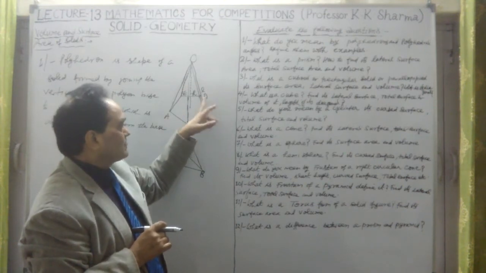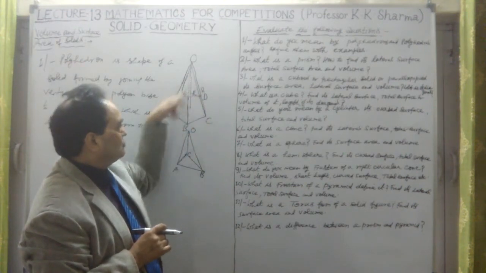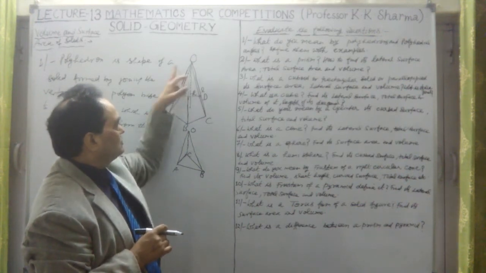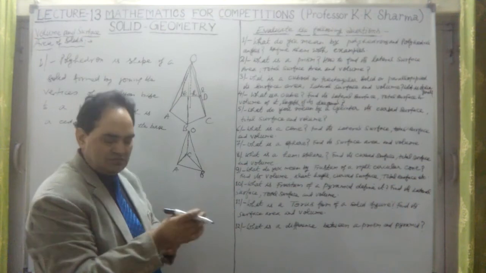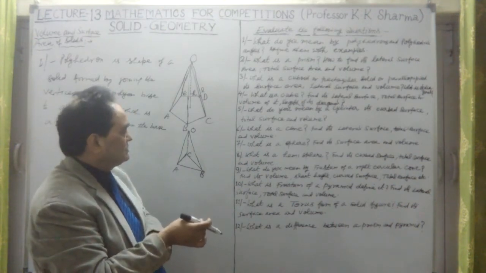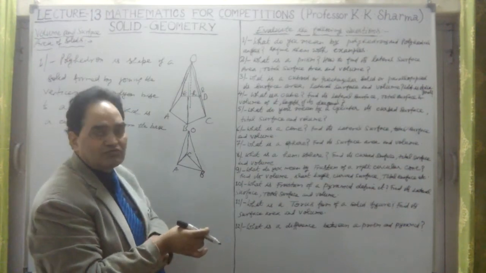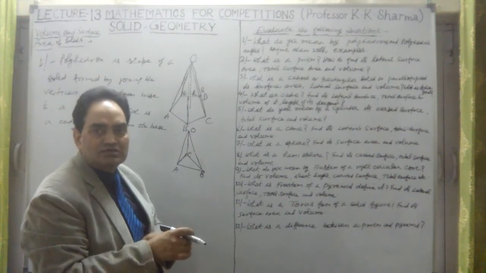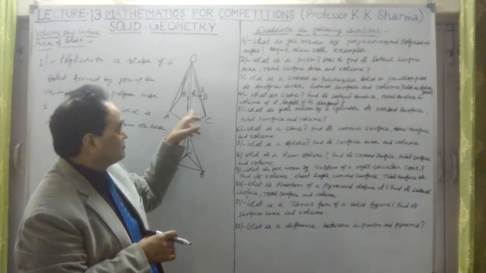So slant height, for example, OB, OA, OE, OD. The length of the edge which we are drawing, that is the slant height. Vertical height is the perpendicular drop from the topmost point to the central point of the base.